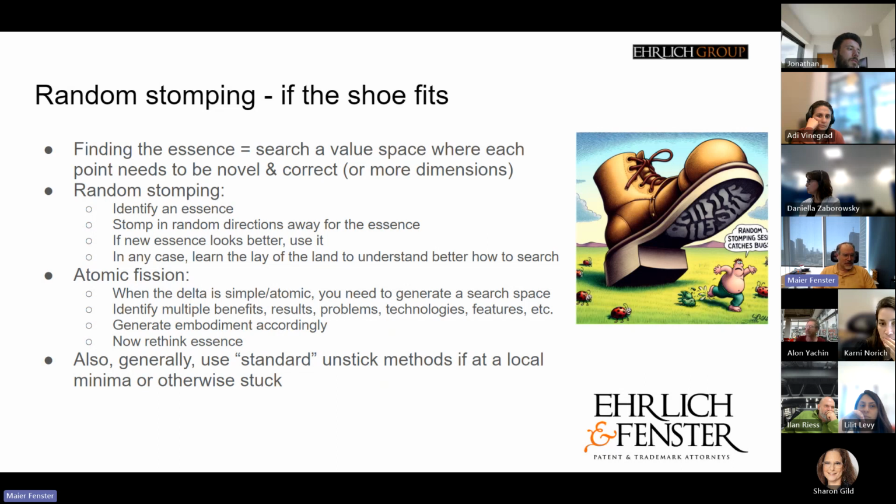And there can be more dimensions. And then when you're searching that space, you look for the one with the highest value. So the random stomping method means that you identify an essence, and now you expand it in different directions, random directions, to get a new essence.